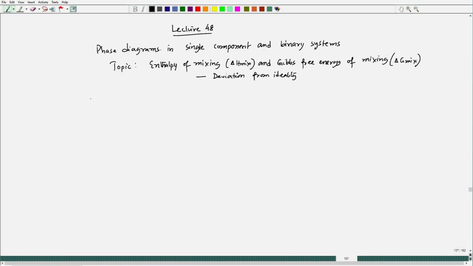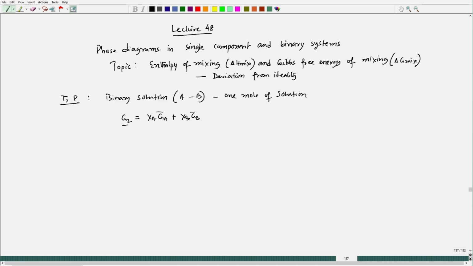In the last lecture we found out that, at a particular temperature and pressure, for a binary solution of A and B, where A and B have the same crystal structure and the solution also has the same crystal structure, and we are talking about 1 mole of solution, we have seen RT, or we can talk about G2, which is nothing but XA GA bar plus XB GB bar.